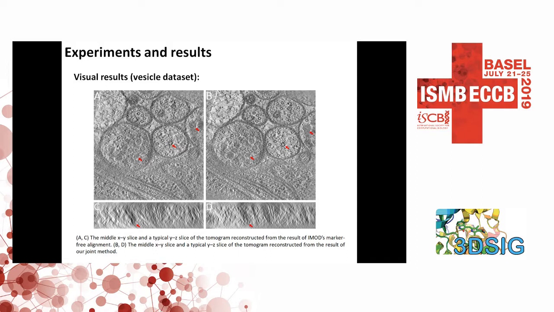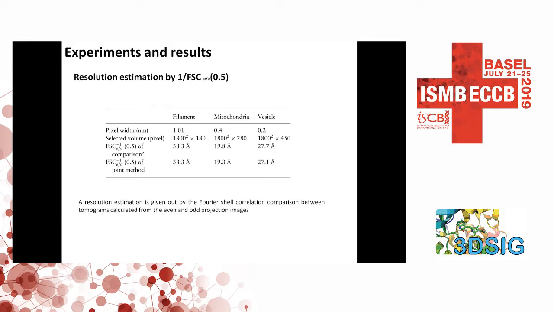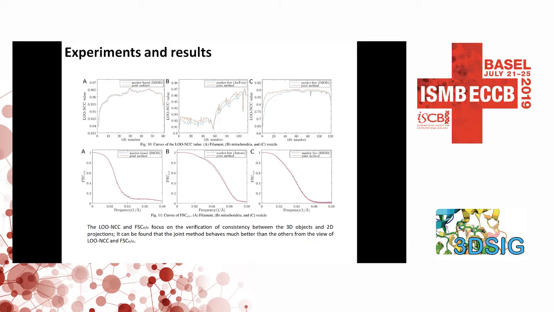So, from the red arrows, we can find that our method gives much clearer vesicles and membranes, and also in the YZ sections. Also, by the FSC solutions, we have a half angstrom improvement. And by the leave-one-out analysis and the FSC curves, we also achieve much better results than the classic solutions.